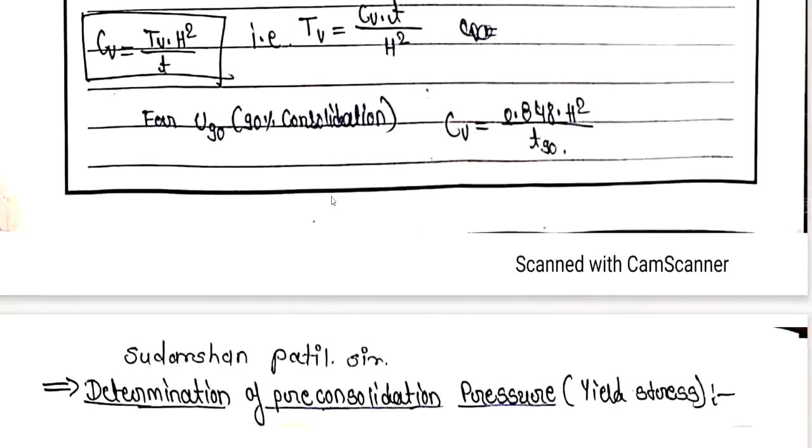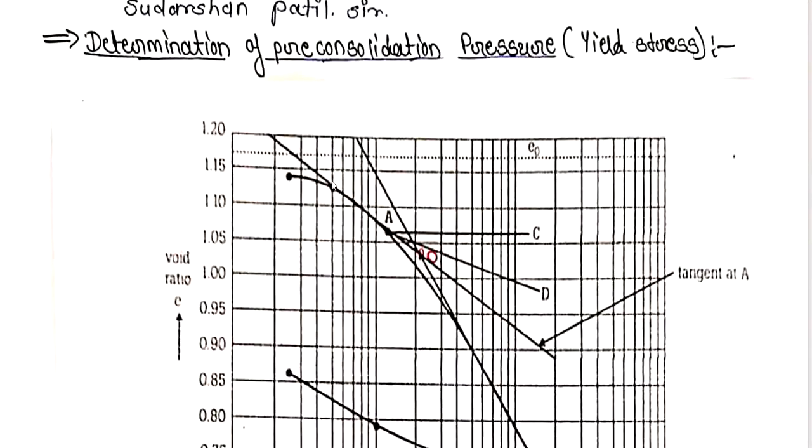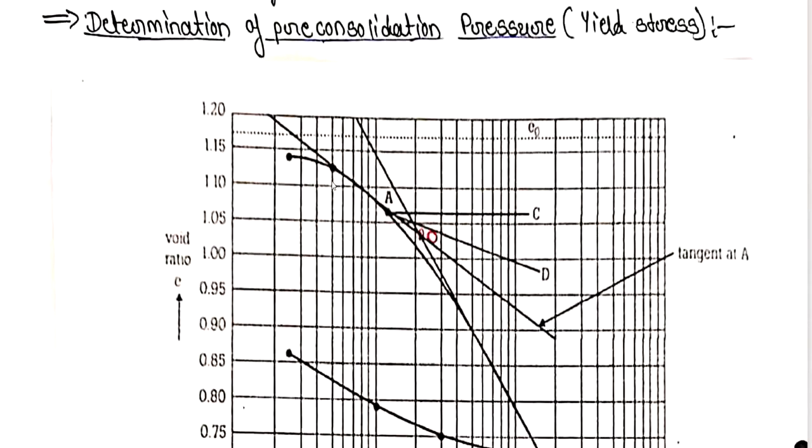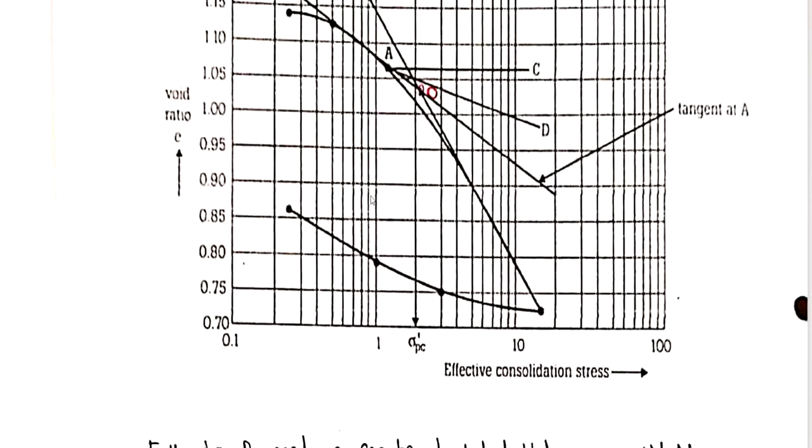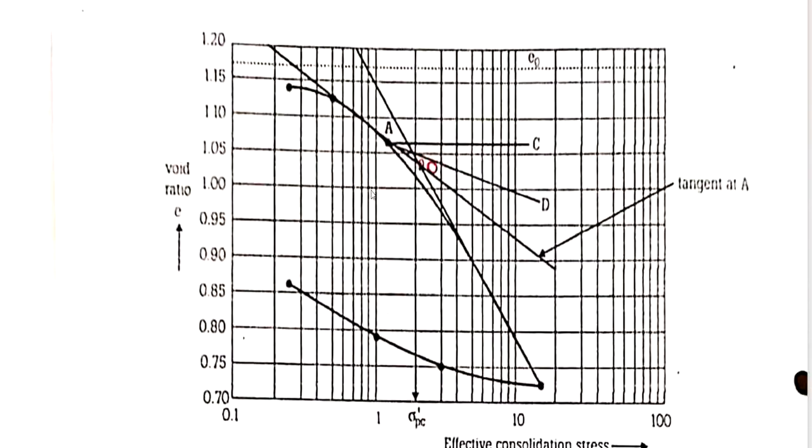In today's session we are going to study the determination of pre-consolidation pressure. So what is the pre-consolidation pressure? We need to determine it before applying any sort of loading. The pre-consolidation pressure should be known. To know this pre-consolidation pressure, again we are going to use the compressibility curve.